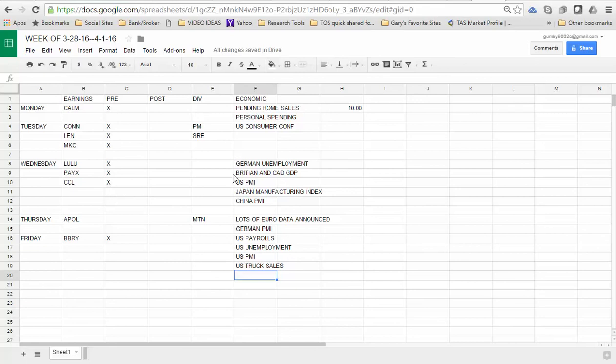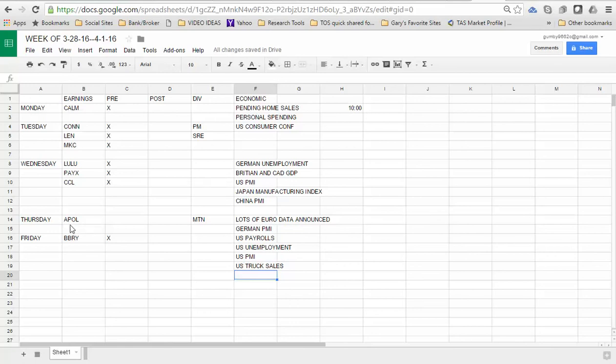And then you have quite a bit of data Wednesday coming out. You got German unemployment data, the British and Canadian GDP, the U.S. PMI, Japanese manufacturing index, and the Chinese PMI all coming out. So we're getting a bunch of global data coming out Wednesday.